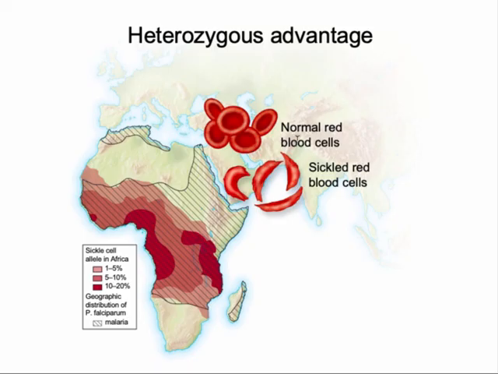But this advantage is only for the heterozygotes. Those that are homozygous recessive are severely ill because of anemia, and those that are homozygous dominant don't get any protection from malaria. So this means that natural selection is favoring the heterozygotes, but when you're favoring the heterozygotes, you're increasing the frequency of the recessive allele, and when you increase the frequency of the recessive allele, you're also increasing the percentage of homozygous recessive.